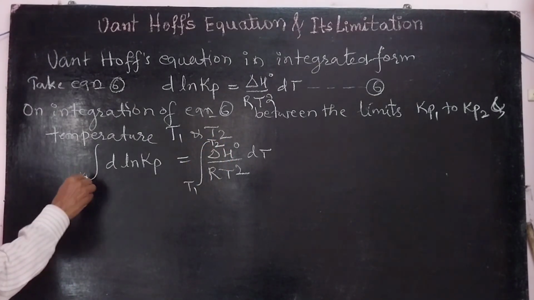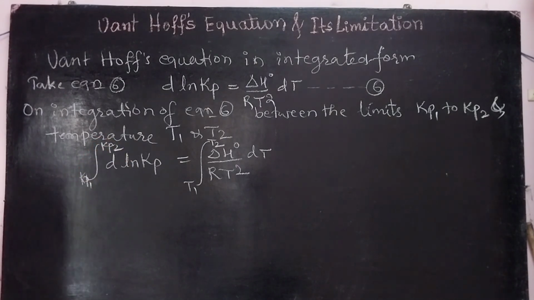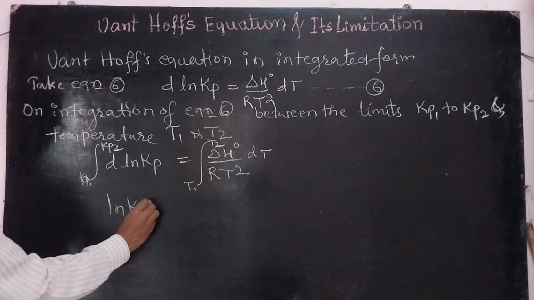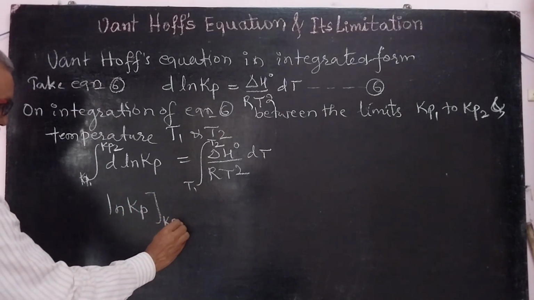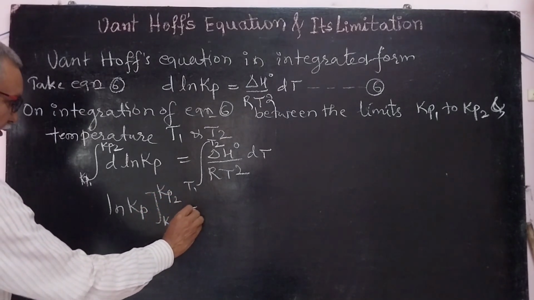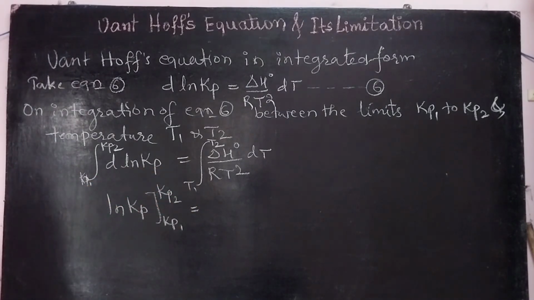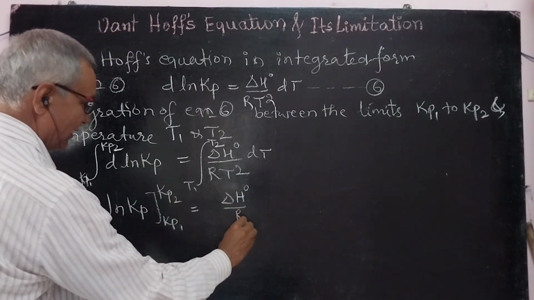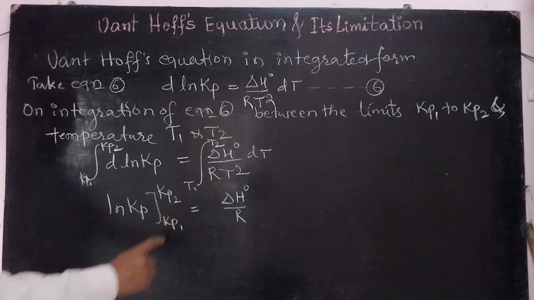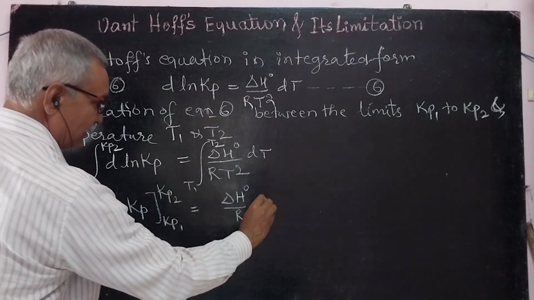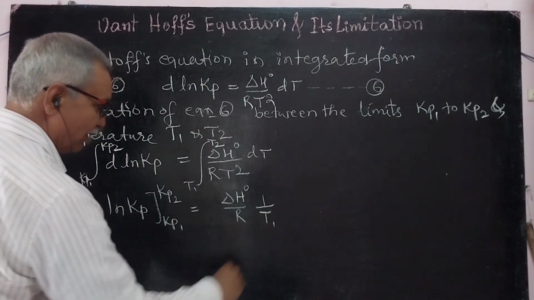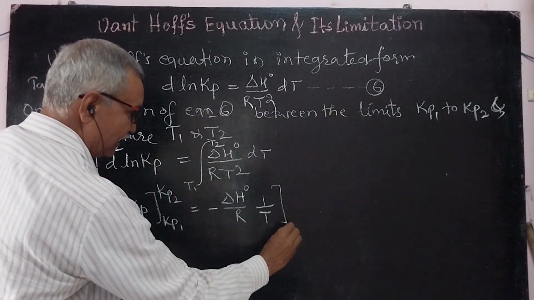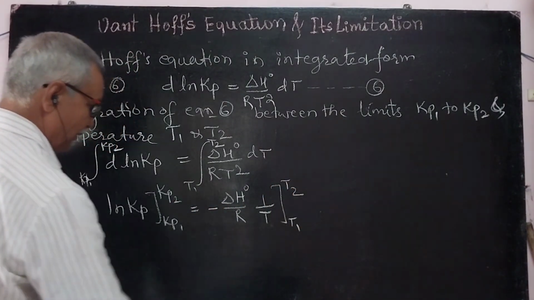Integration of d ln Kp equals ln Kp from Kp1 to Kp2, then delta H naught divided by R, then integration of 1 divided by T square is equal to minus 1 divided by T, ranging from T1 to T2.